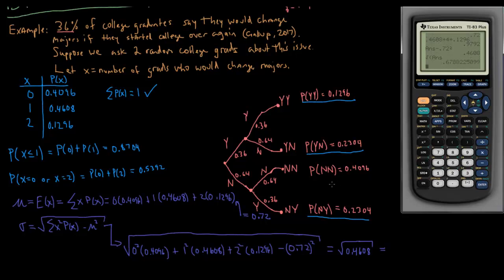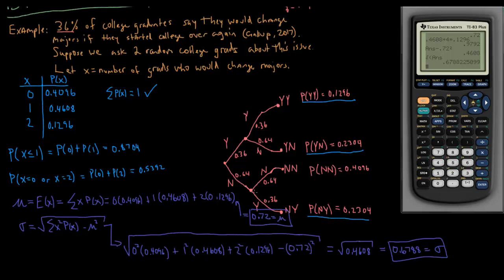And so here's the standard deviation. Let's round it to 4 decimal places: 0.6788. So there you go. There is sigma, the standard deviation. And of course we have mu, the mean, right there.